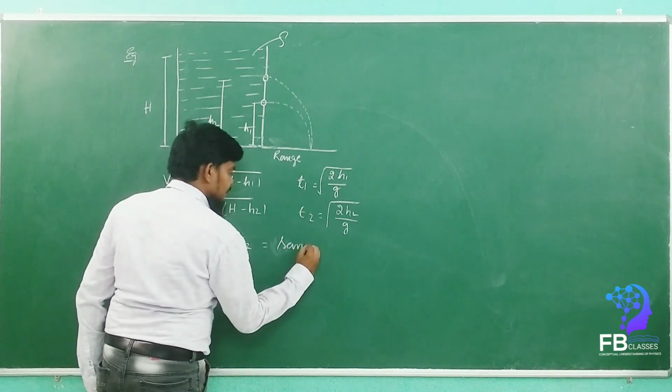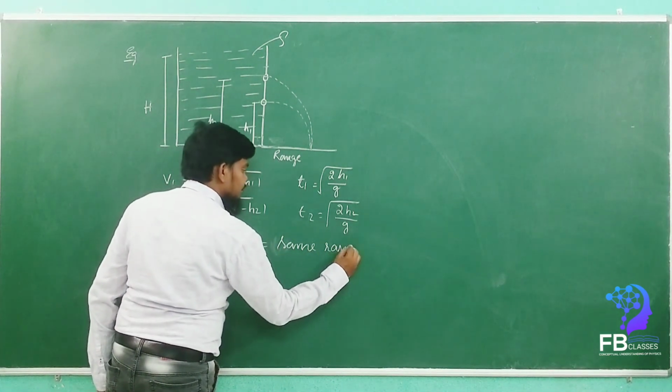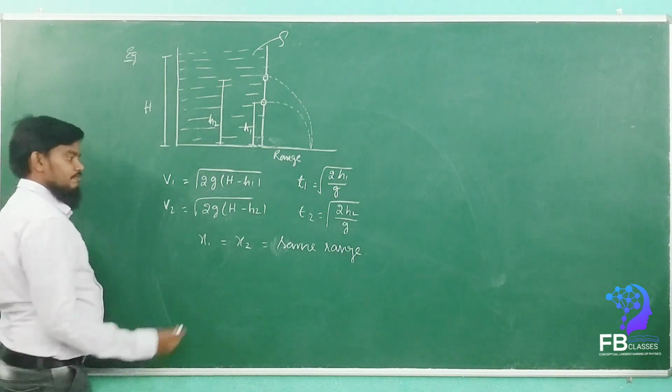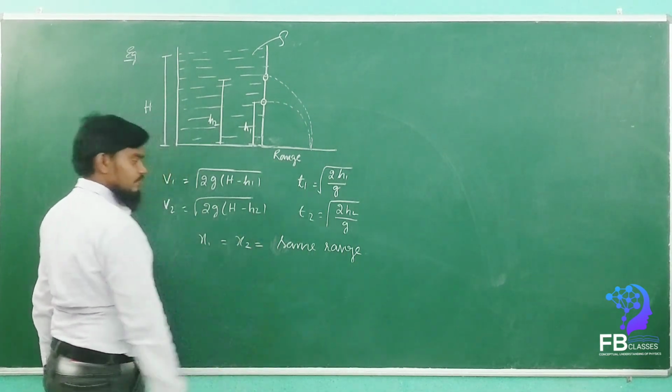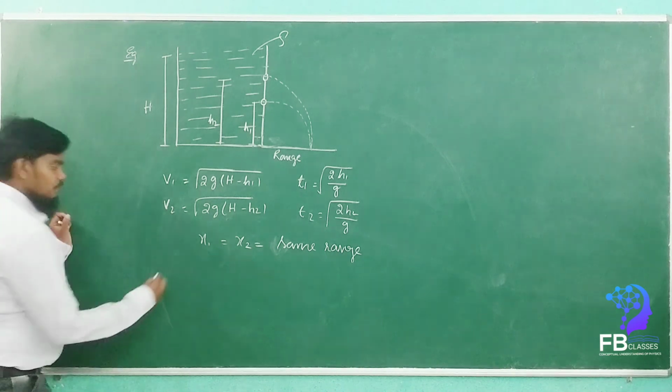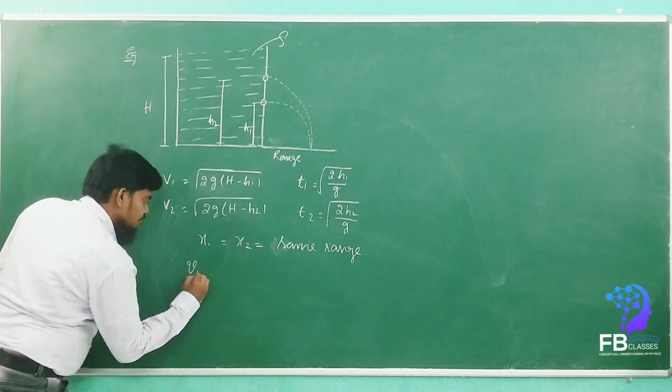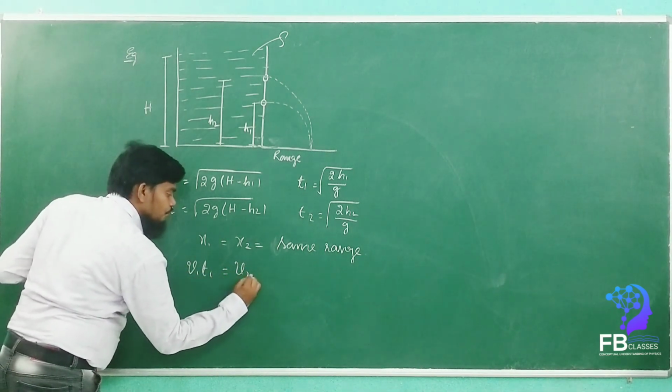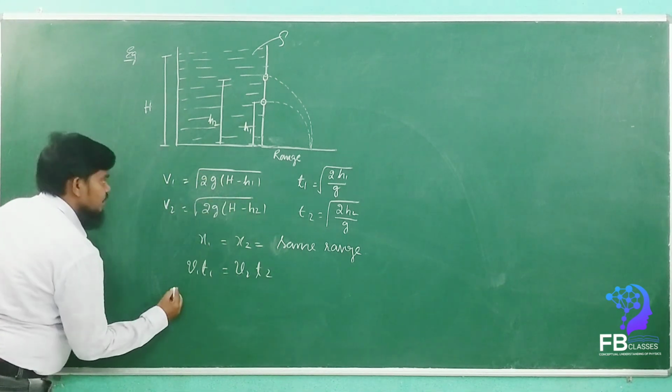At the same range. Now, X is how much? Yes, V1 T1 is equal to V2 T2. So V1 is how much?